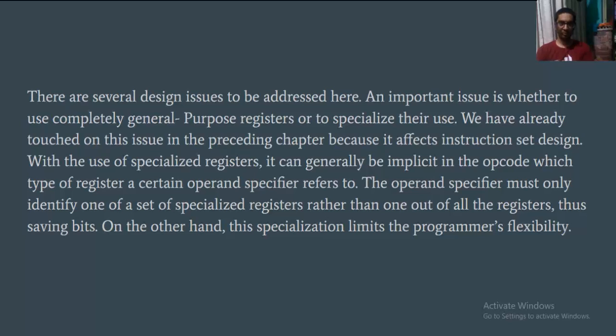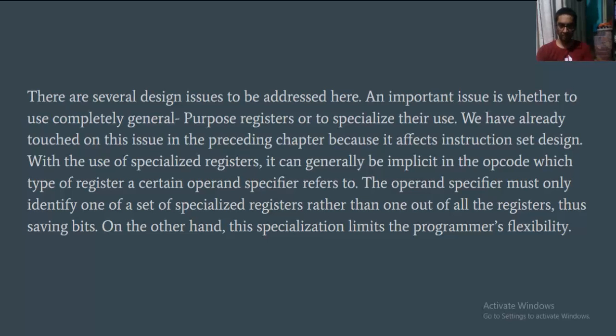An important issue is whether to use completely general purpose registers or to specialize their use. We have already touched on this issue in the preceding chapter because it affects instruction set design.